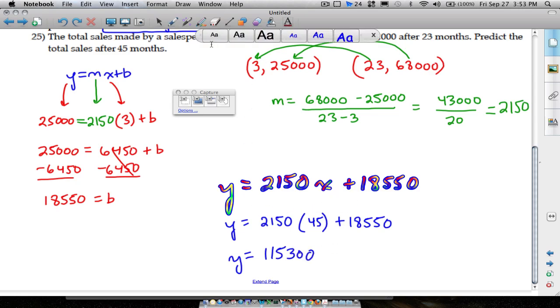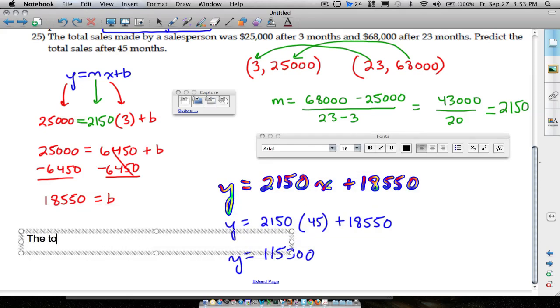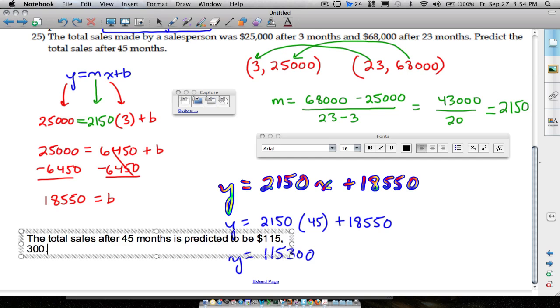Remember, this is a real world problem, so give me a complete sentence. The total sales after 45 months is predicted to be $115,300. Now, there is the answer.